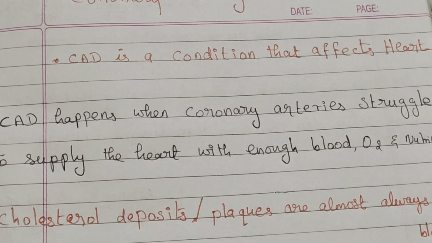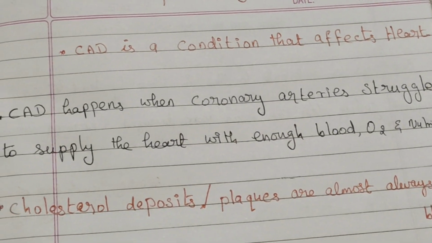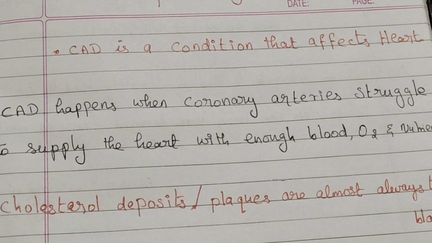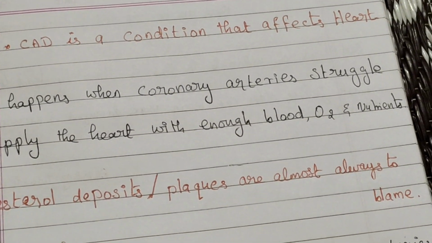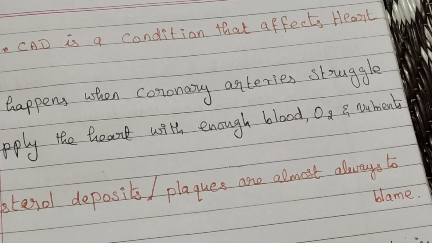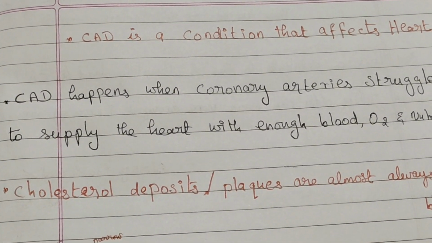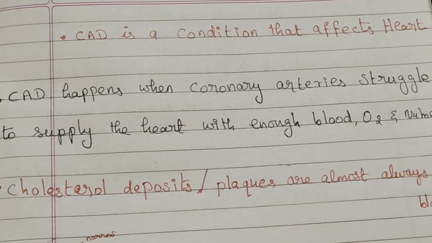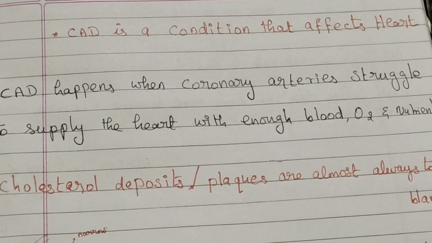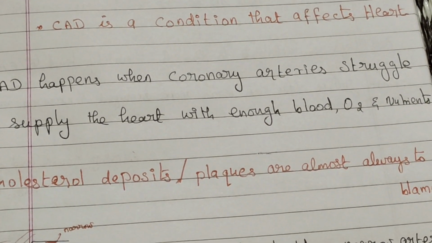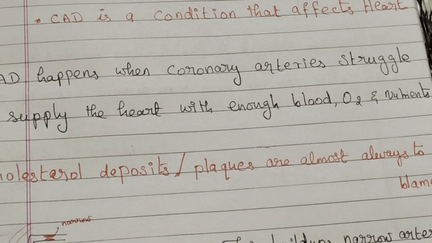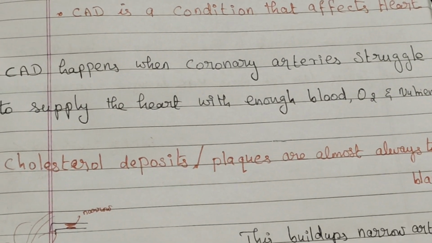CAD happens when coronary arteries struggle to supply the heart with enough blood, oxygen and nutrients.